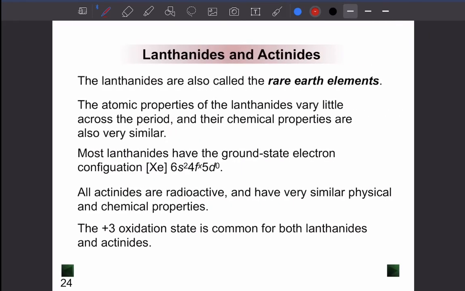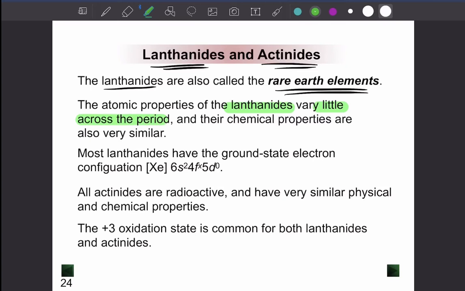Now let's go to the f-block elements, the lanthanides and actinides. Lanthanides are also called rare earth elements because they are rarely found in the Earth's crust and are found in very little amounts. The atomic properties of lanthanides vary very little across the period and their chemical properties are also very similar.